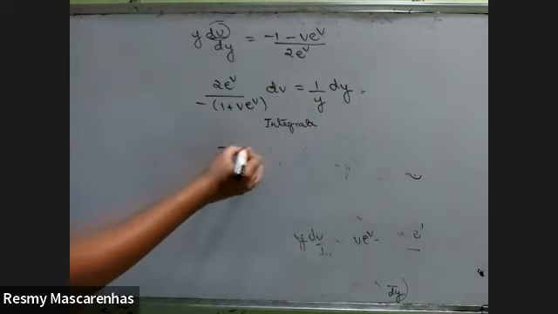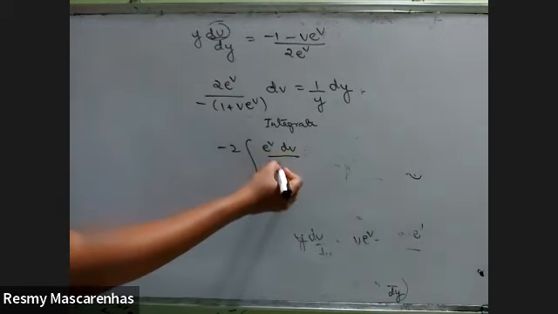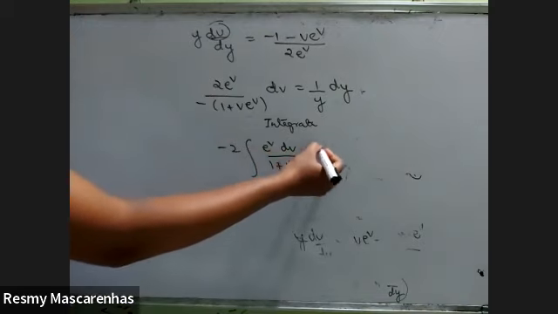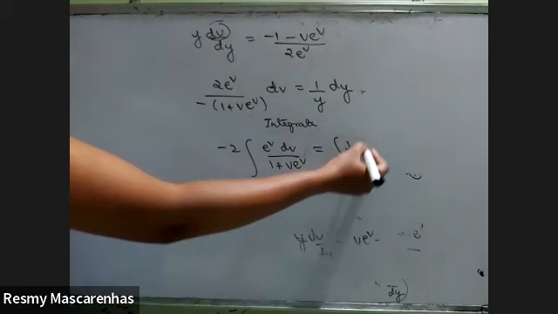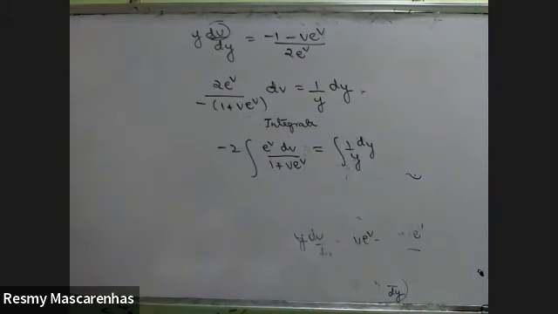And integrate, minus 2 is out. This minus and 2 I kept out of the integral sign. Now we have to integrate this.